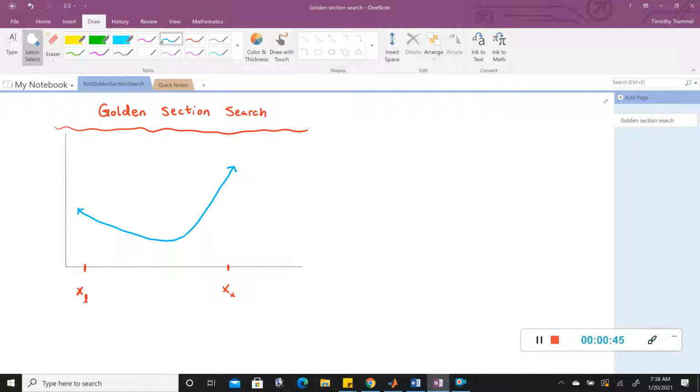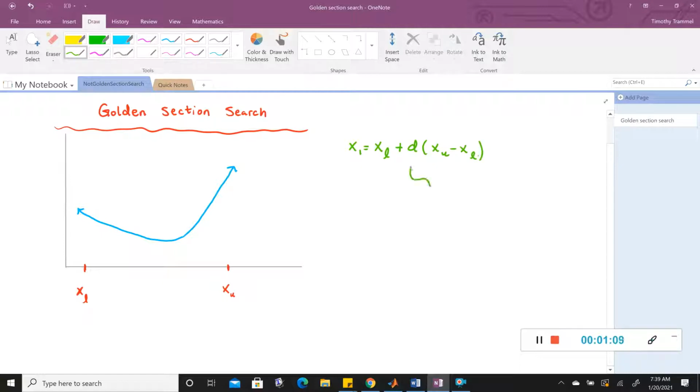And then from here, we're going to compute two other things. We're going to compute an x1, which is going to come from x lower. Okay. But it's going to be x lower plus some constant times the length of the interval. And let's do x upper minus x lower. Okay.